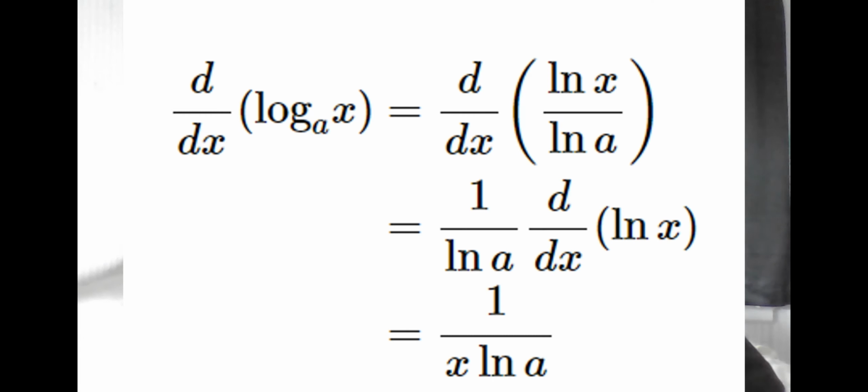We see because we are taking the derivative with respect to x, ln of a is a constant. Therefore, we factor out 1 over ln of a and get the derivative of ln of x, which we know the derivative of already. In conclusion, derivative of logarithm with base a of x equals 1 over x times ln of base a.